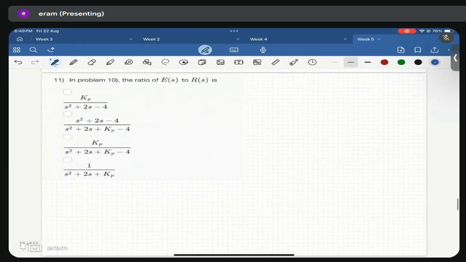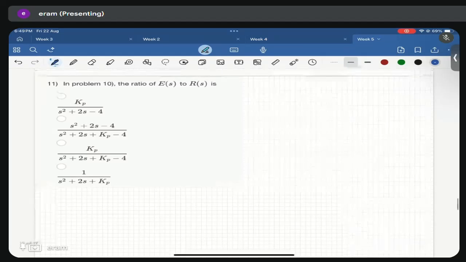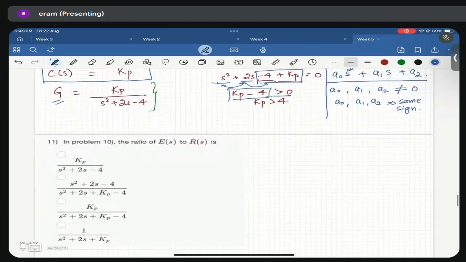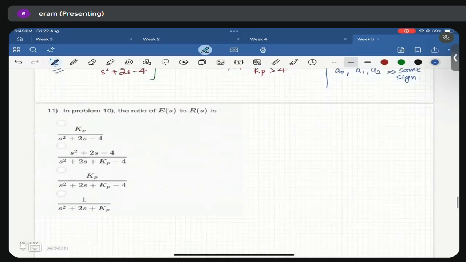For the previous problem, find out the ratio of error to reference input. Reference signal means the input. Now let me write P(s) for you.